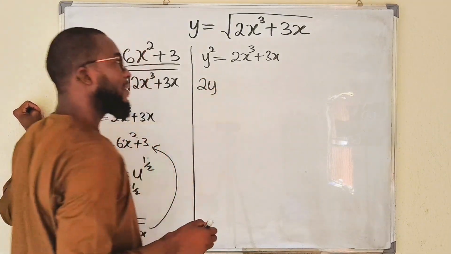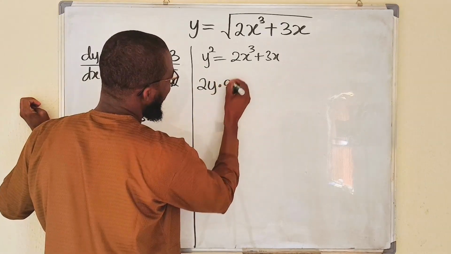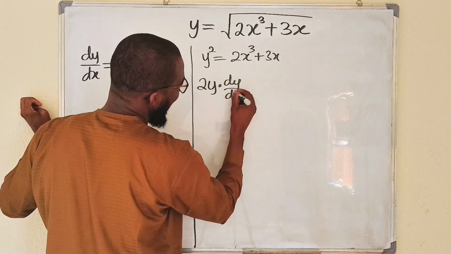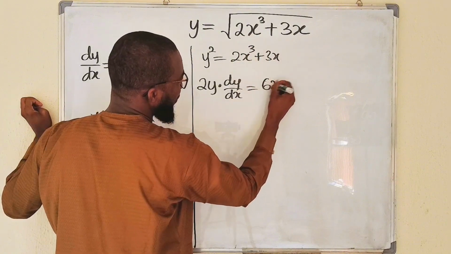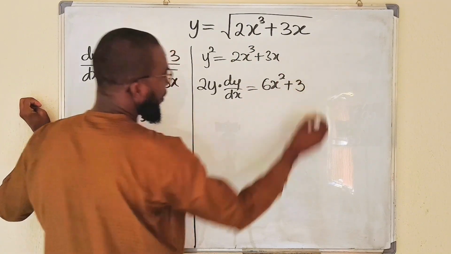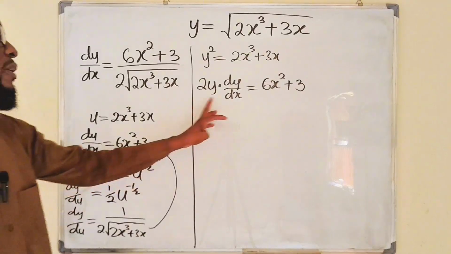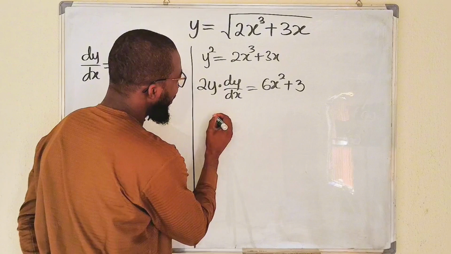But since this is a dependent variable, you have to multiply by dy over dx. Differentiate the other side. This is 6x squared plus 3, sorry. Because we are looking for dy over dx, you divide both sides by 2y.